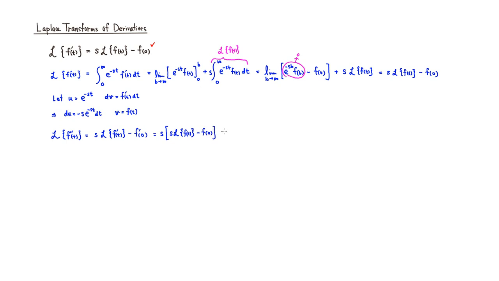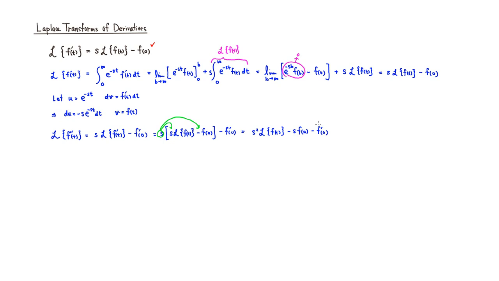Then we still have minus f prime of 0. If you distribute this s to the first and second terms, we end up getting s squared times the Laplace transform of f of t, minus s times f of 0, minus f prime of 0.